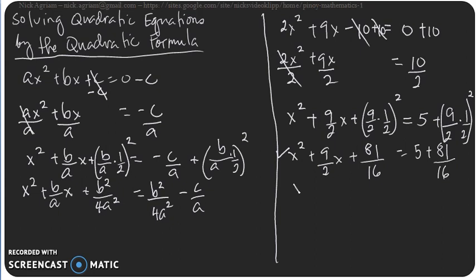If you've done it right in this position now, then you can take the square. This is a perfect square trinomial now. 9/4 squared is equal to 16 times 5, 80, plus 81, divided by 16.